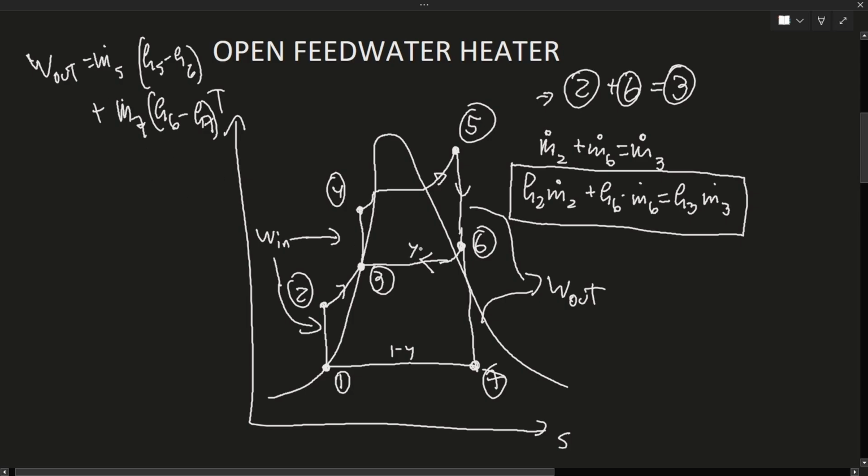That's why y is important, and they put it in all of your problem statements. Whenever you're calculating the work or the heat, keep this in mind. Just know that beyond points 3, 4, and 5, the mass flow rate is at 100%. All of the water is moving through here.